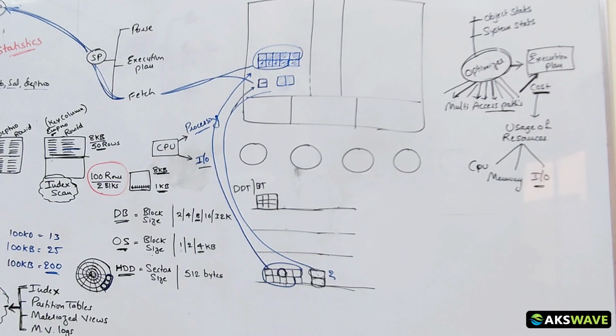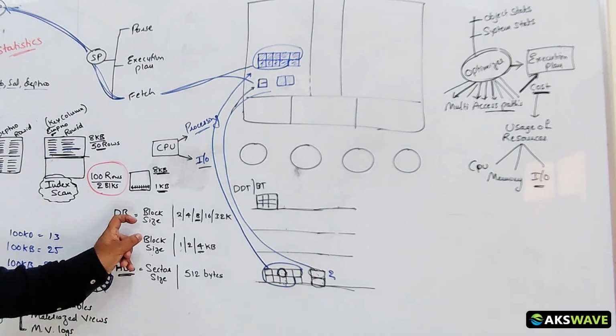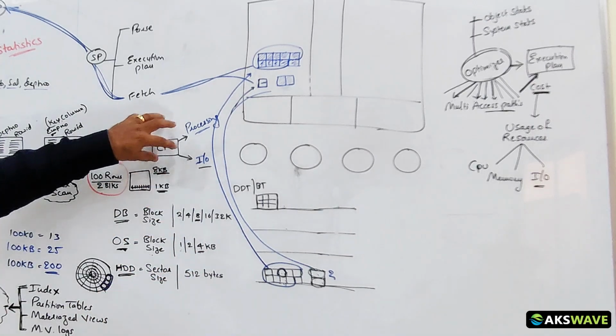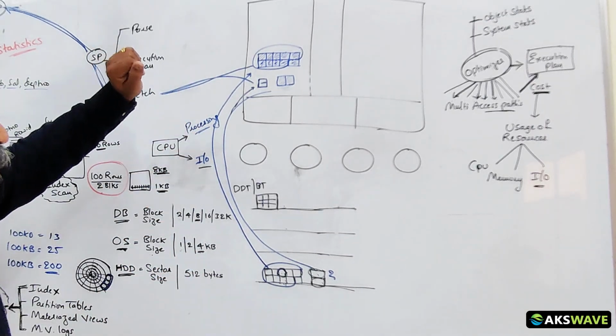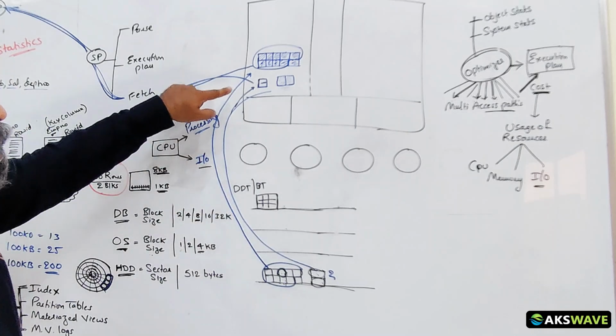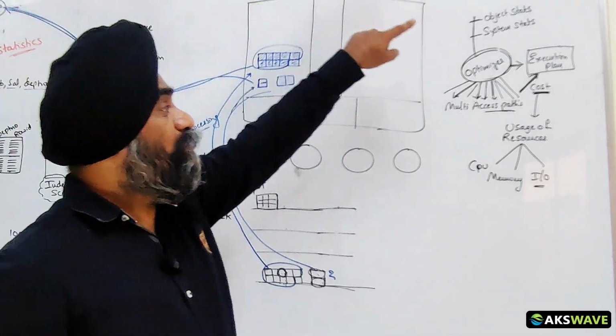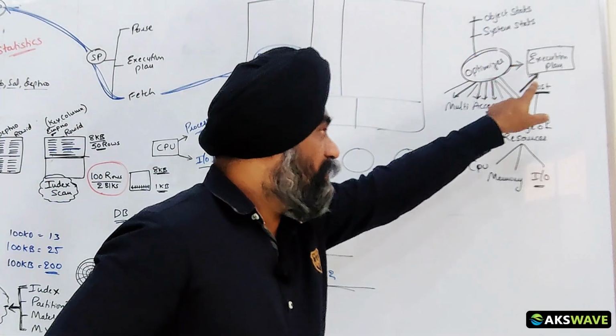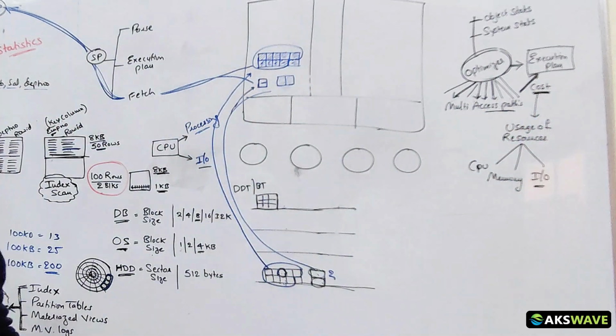So here today we talked about many things. The query, a full table scan, row ID scan, index scan, different types of objects, the sector size, block sizes, CPU usage, IO part, and also the optimizer execution plan based on the cost, nothing but the amount of CPU usage, memory, and IO.